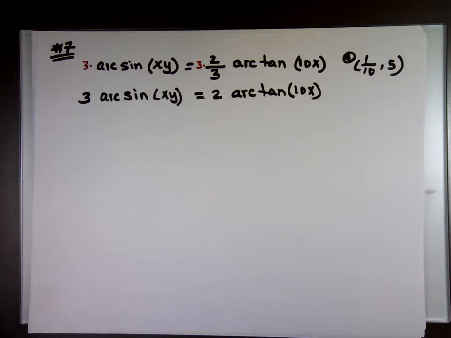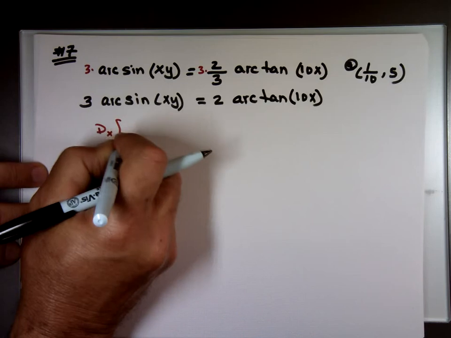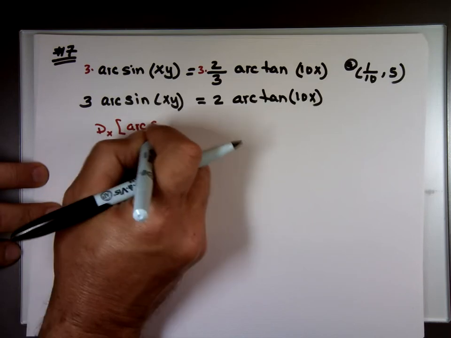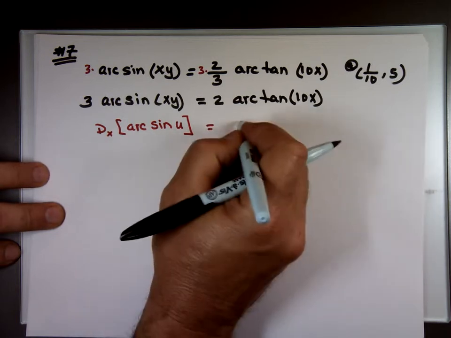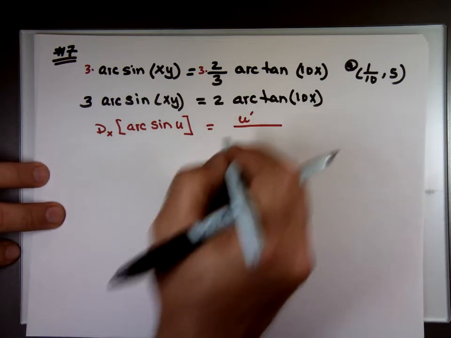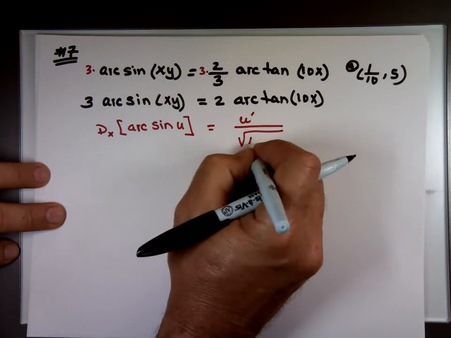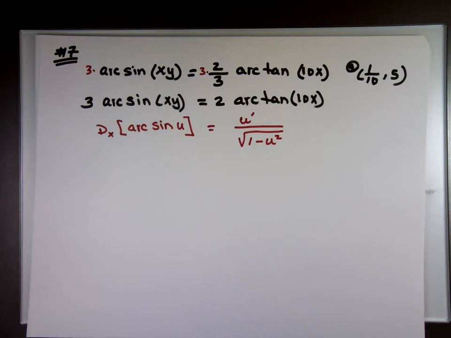In case you forgot, the derivative of arc sine u. Remember what that is? U prime over the square root of 1 minus u squared.